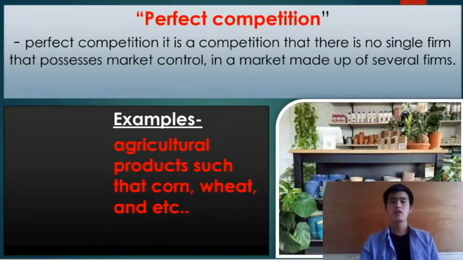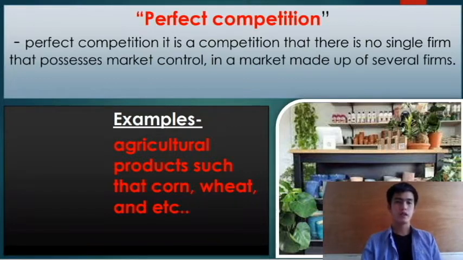Perfect competition is a competition where no single firm possesses market control in a market made up of several firms. So, perfect competition is composed of a large number of firms engaging in it.